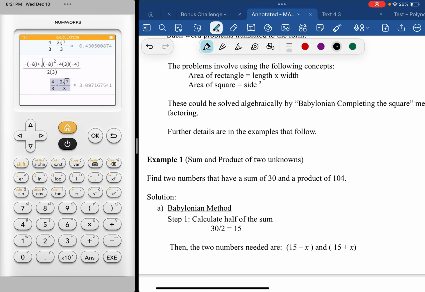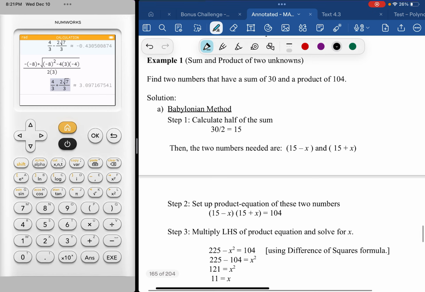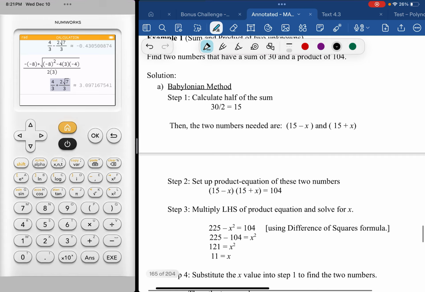We would figure out half of the sum and use that to come up with the two factors, which would be multiplied to equal 104, and then solve using the distributive property and solve for x.